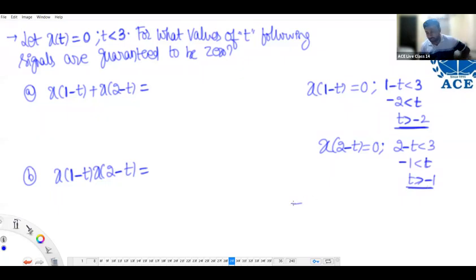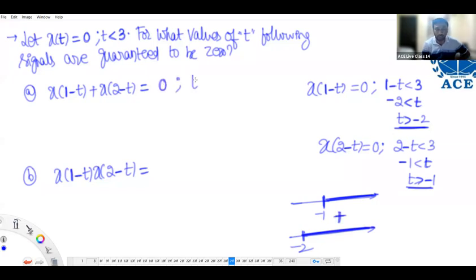So one clarity we got here is that one signal amplitude is 0 after minus 1, another signal amplitude is 0 after minus 2. So the added signal is guaranteed to be 0 for what time? When you do addition, for what common portion are both 0? After minus 1. Here you may have some shape. We don't know. Both are guaranteed to be 0 after minus 1.